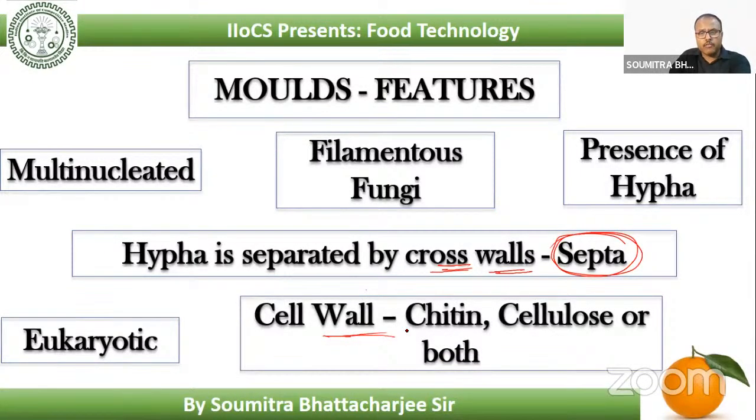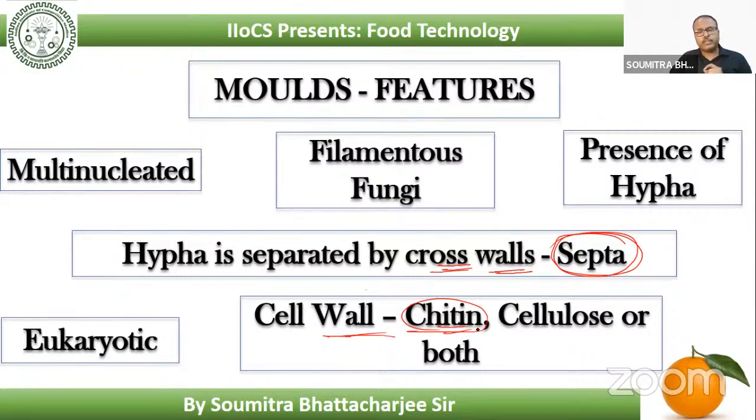Now the main cell wall component is chitin. If I ask you, chitin is a polymer of what kind of component? It is the polymer of a component which is present in the bacterial cell wall, and that component is NAG, N-acetyl glucosamine.